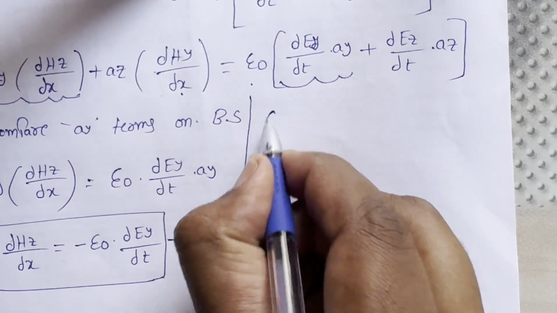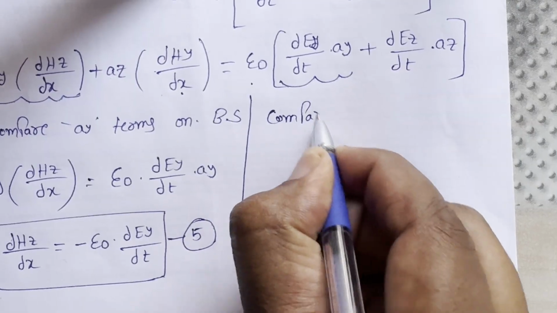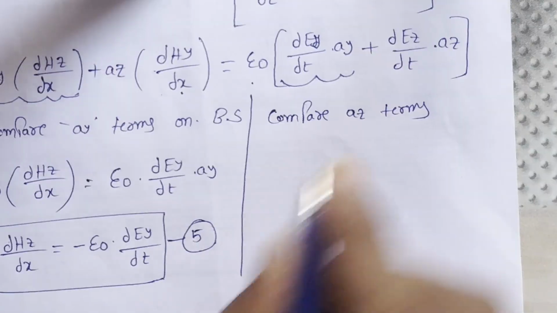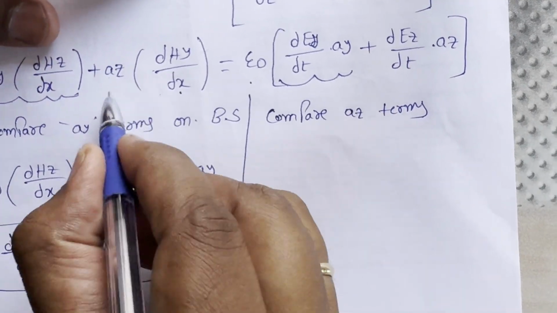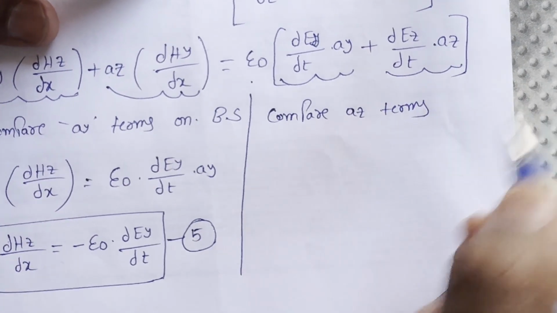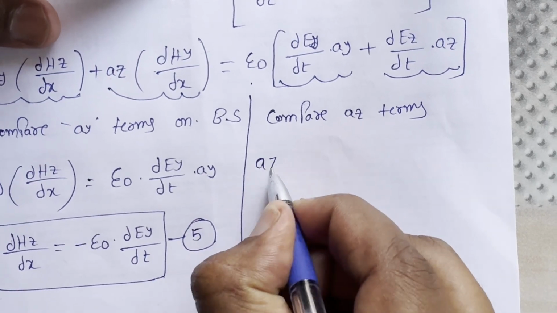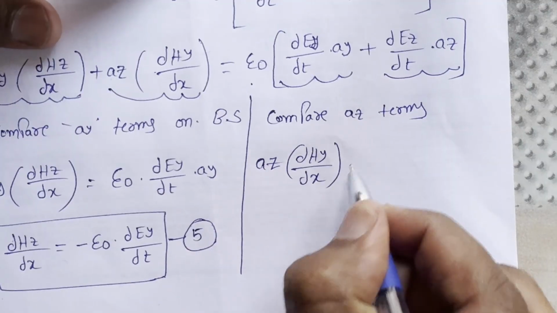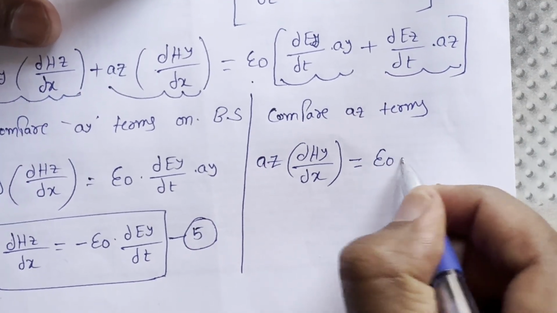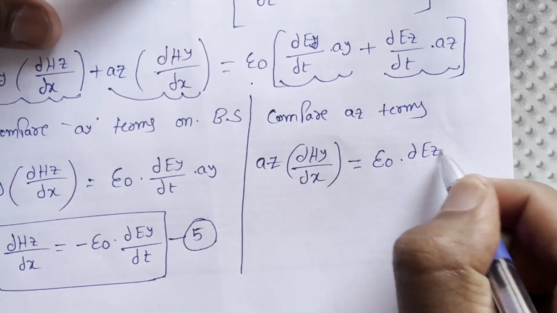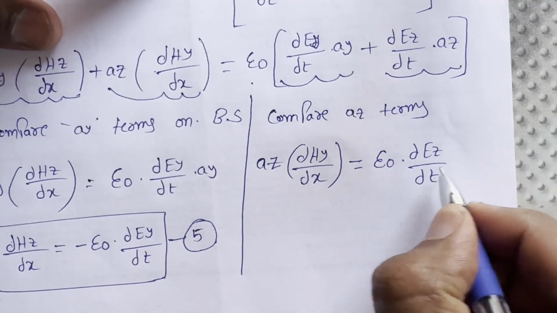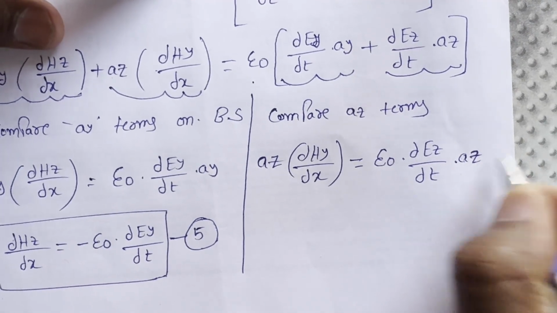Now compare the Az terms. Here it is the Az term and here it is the Az term. So Az into dou Hy by dou x equal to epsilon naught into dou Ez by dou t into Az.